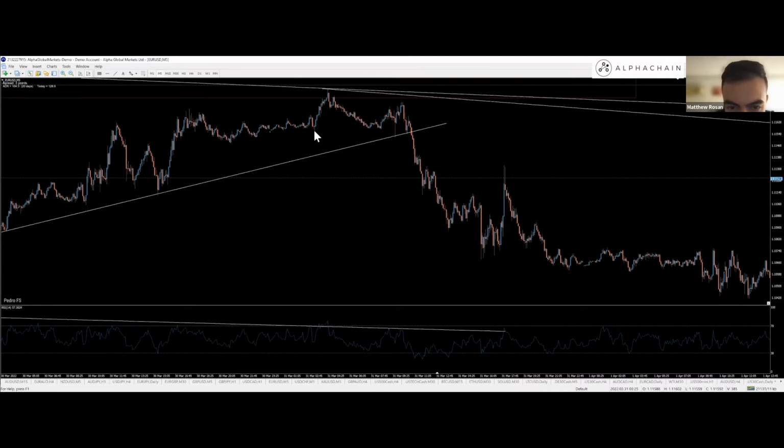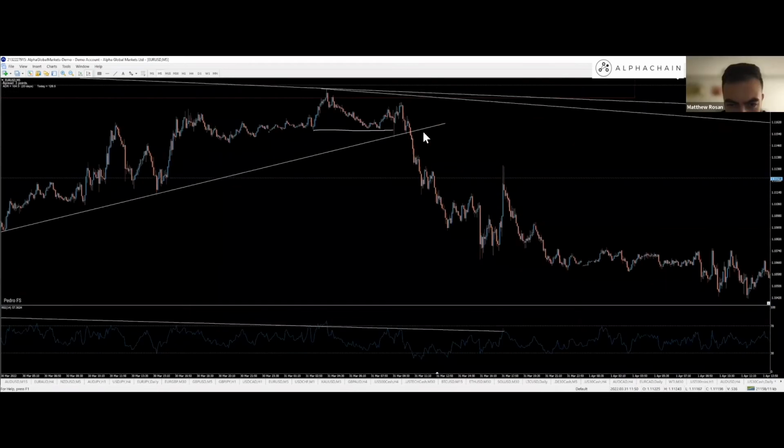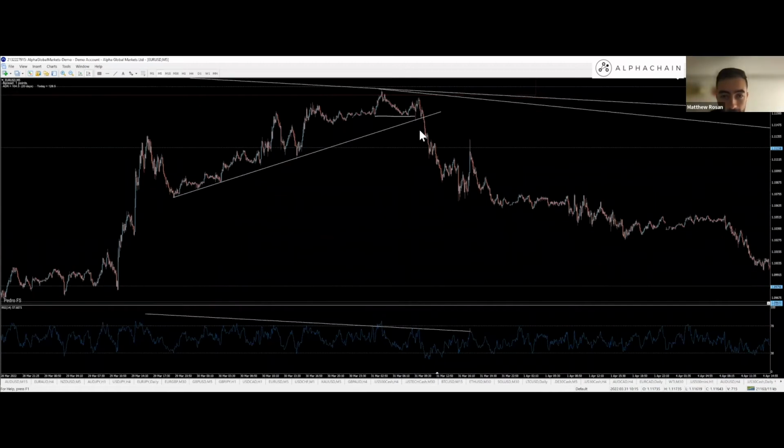So I guess price did not come back up and retest. Is that correct? It broke and it looks like it didn't come back up and retest before it continued downwards. You mean here? Yeah. It looks like it just broke and kept going. So how would you have gotten in, or would you have gotten in?